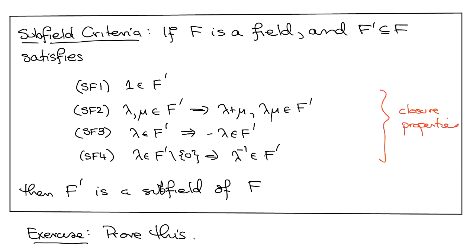First of all, it's already hidden in here that my subset has to be non-empty, because I've said it has to contain 1. And then once I've got 1, I'm meant to have -1 as well, the additive inverse of 1. And then once I've got -1, by the closure here, I've got 1 plus -1, which is 0. So I'm forced to have 0 in there.